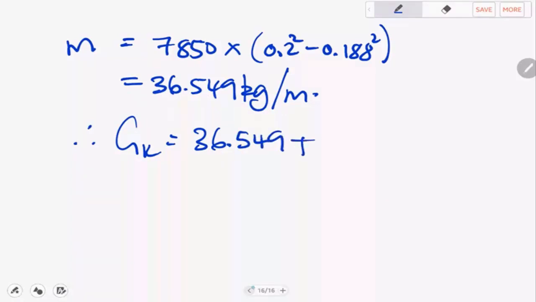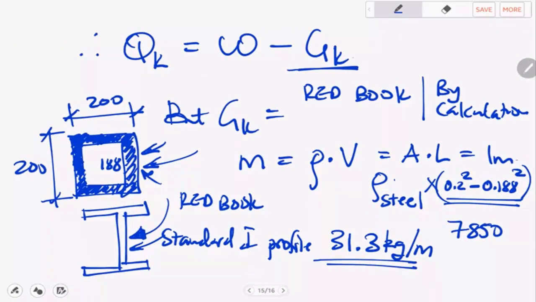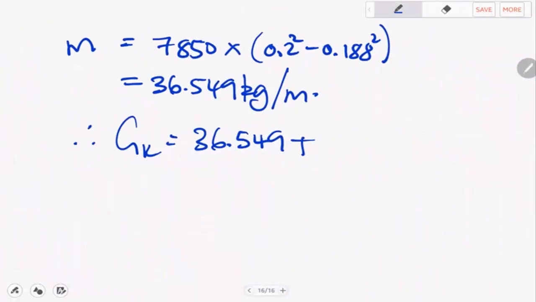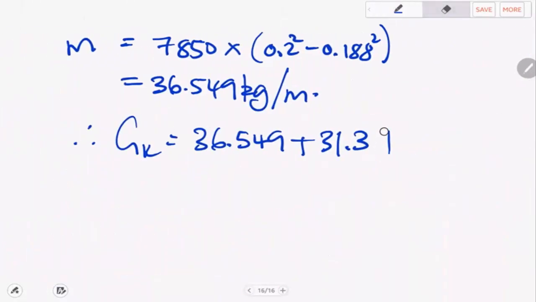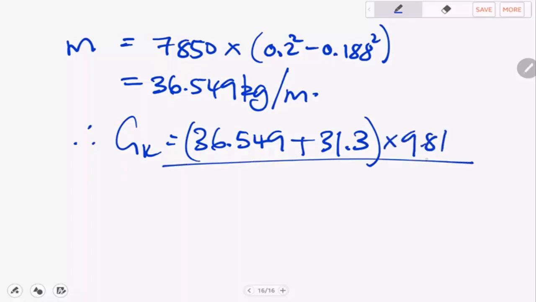36.549 plus, we know the self weight of this one is 31.3. Right? But these are kgs, so we need to convert them to kilonewtons. So this is going to be multiplied by 9.81 divided by 1,000.